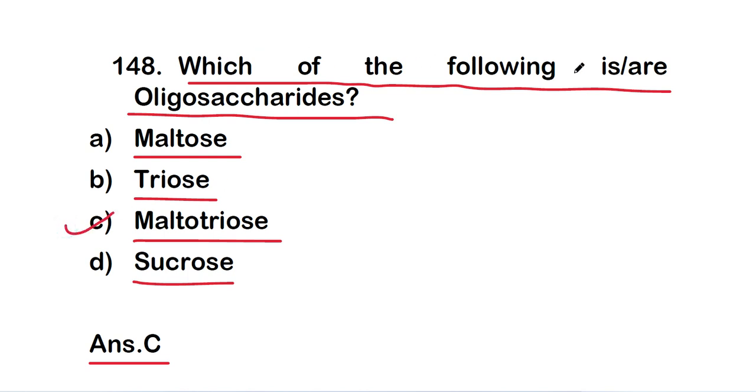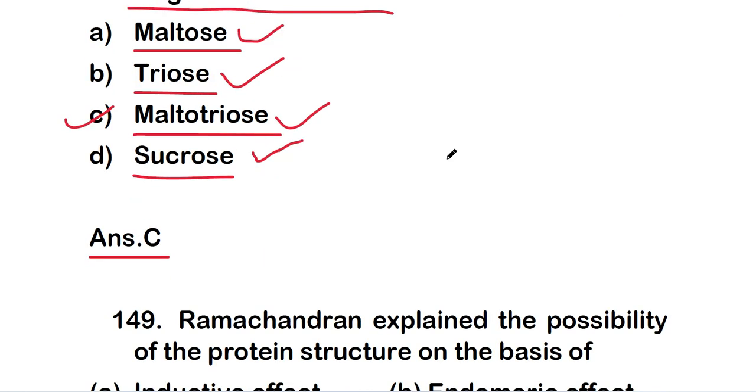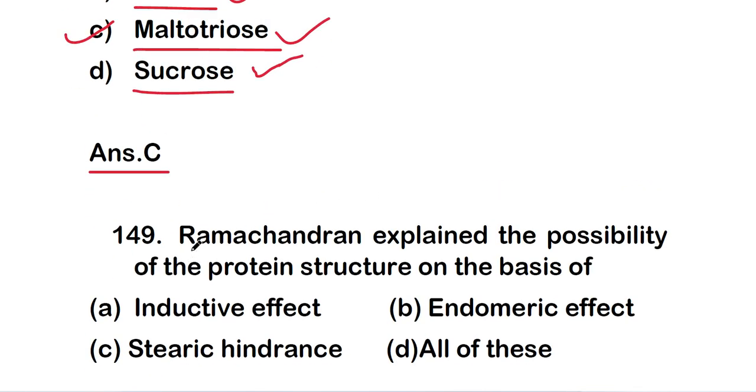So which one of the following are oligosaccharide? The maltotriose is the oligosaccharide, maltose is disaccharide, triose is a monosaccharide, and sucrose is a disaccharide. So maltotriose is an oligosaccharide.